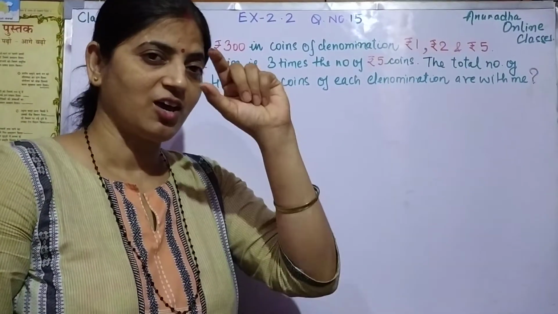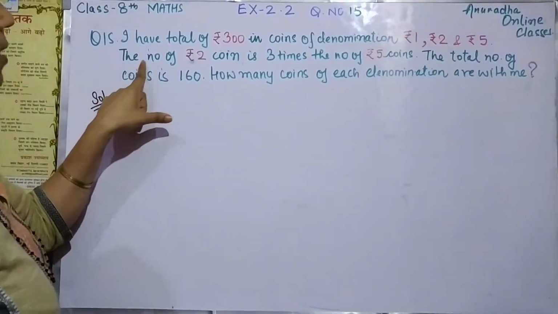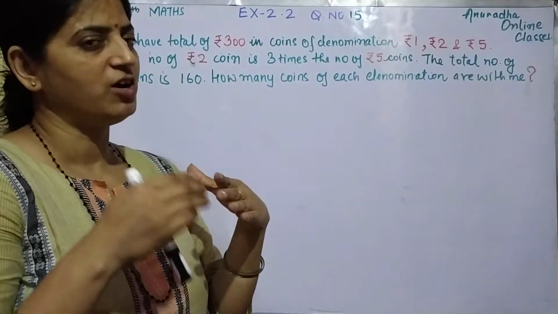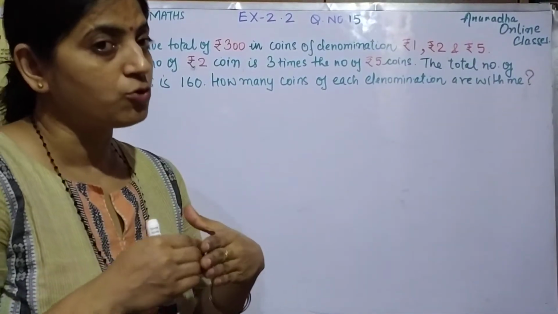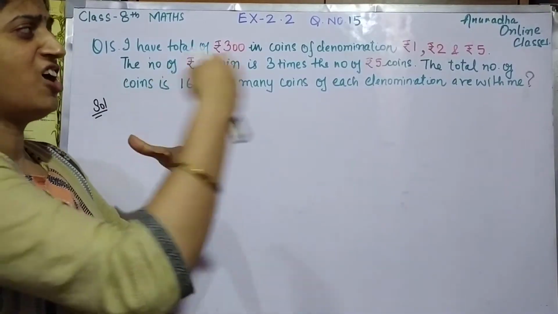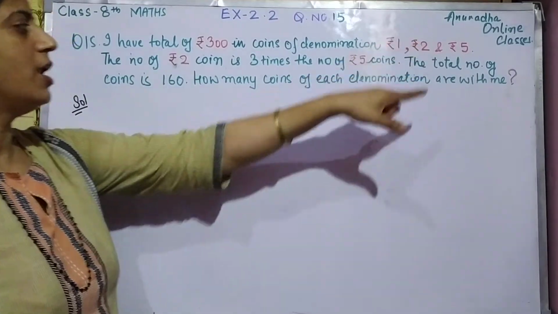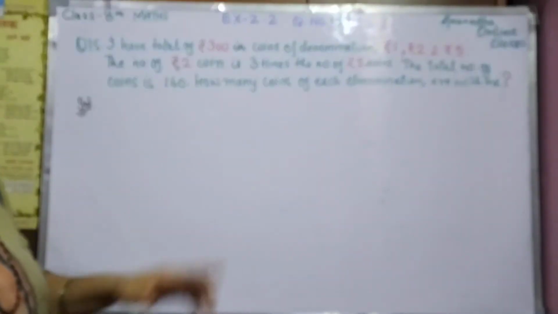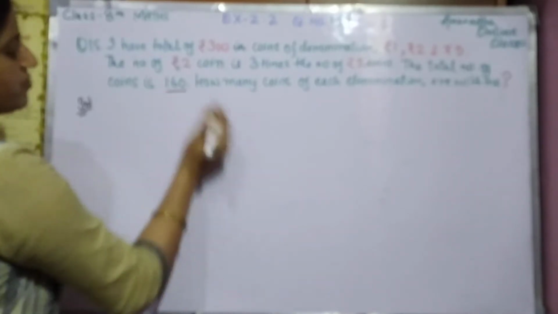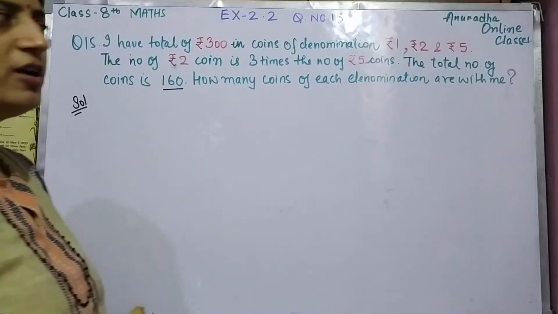Now the number of 2 rupee coins is 3 times the number of 5 rupee coins. The total number of coins they have given is 160. Now how many coins of each denomination are with me?